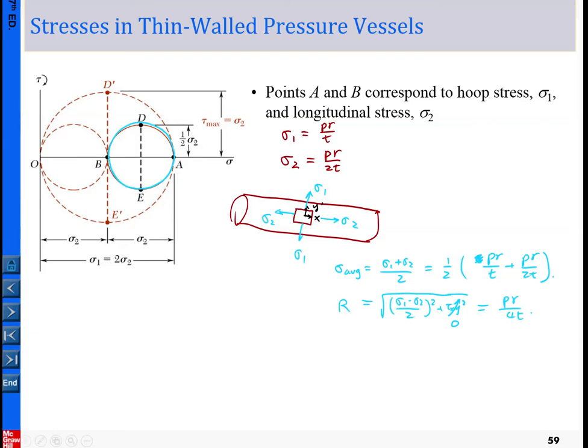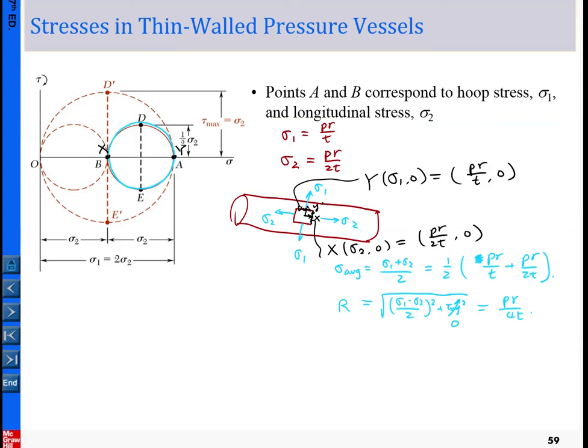Okay, so for this case, let me build up the points. In this plane, this is the x plane, so we have sigma 2 and 0, and this one is our y plane. We have sigma 1 and 0, so sigma 1 is PR over T, and this one is PR over 2T. Okay, so here this is our label x, and this is our label y.